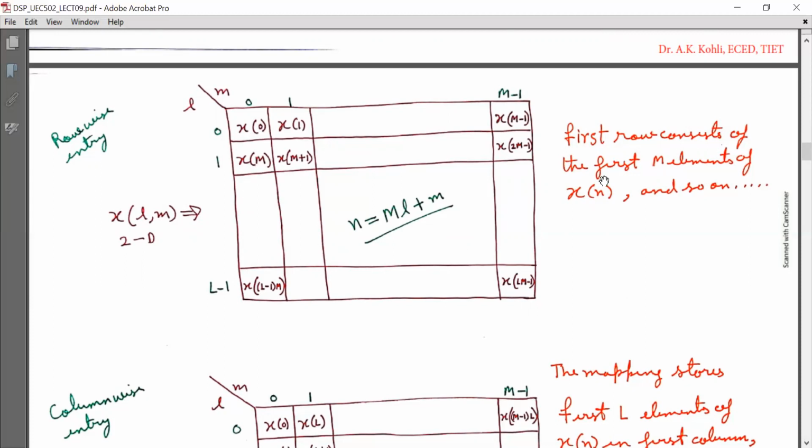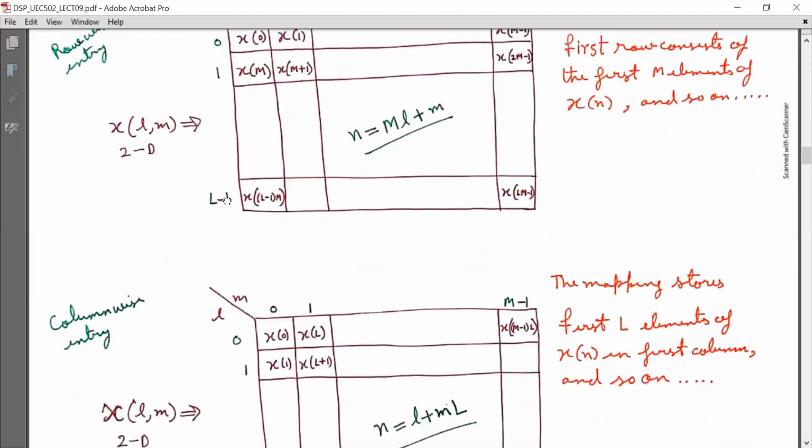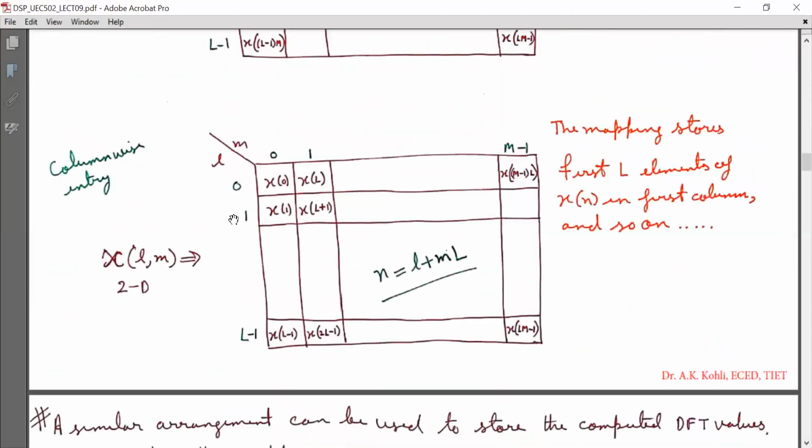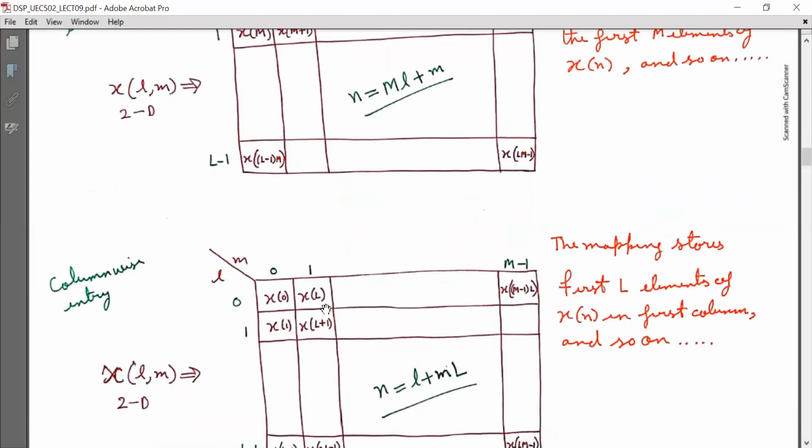So the first row consists of the first M elements of x(n), and n is equal to Ml plus small m. For column-wise entry, the mapping stores the first L elements of x(n) in the first column. Look at this: x(0), x(1), x(L minus 1), x(L), x(L plus 1), and so on. So it is how we arrange elements of x(n) in 2D through mapping of indices.